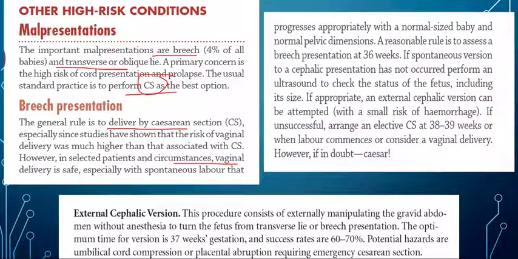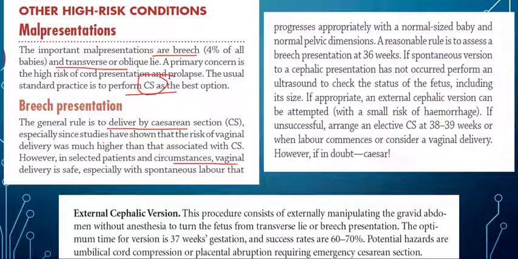Normally in a breech presentation, there is a thing that we can do called external cephalic version. Until 36 weeks, we will not do anything because sometimes breech can become cephalic as the baby is rotating around the uterus. By the time it becomes 36 weeks, you again assess the baby for the presentation.